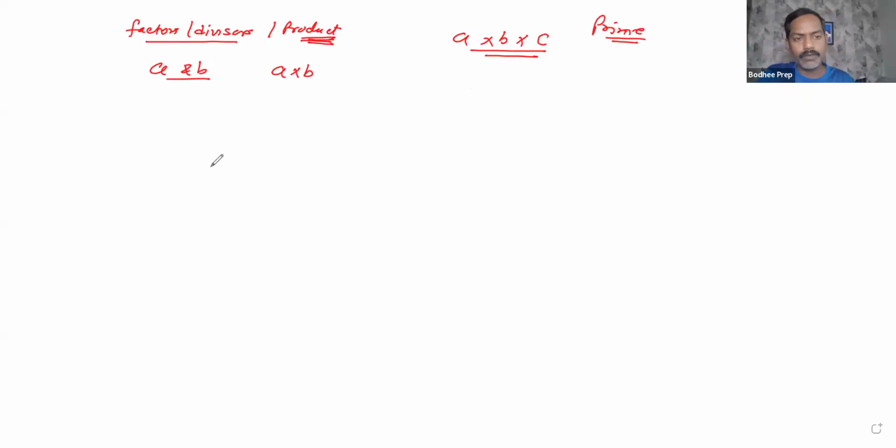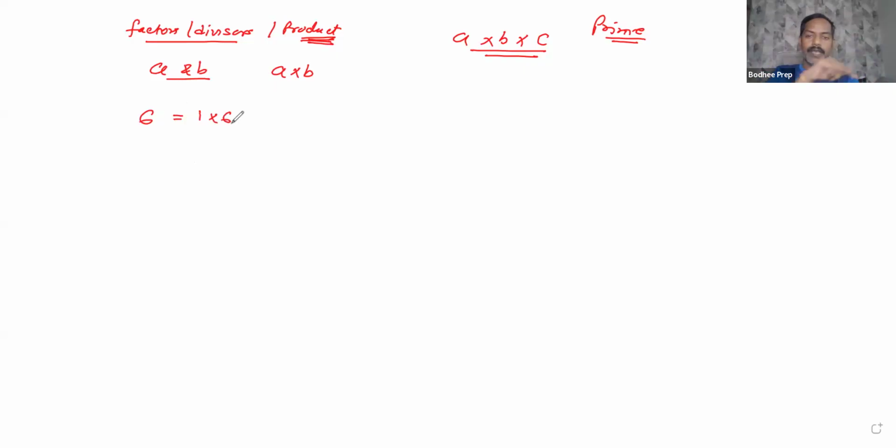So what is a factor? Let us first of all find some factors of a number, and through that we'll understand the definition of it. Say I have a number 6. Can I write 6 as a product of two numbers? I need two numbers whose product, the multiplication of them, should be equal to 6, right? So by usual hit and trial, I can say that this is nothing but 1 into 6.